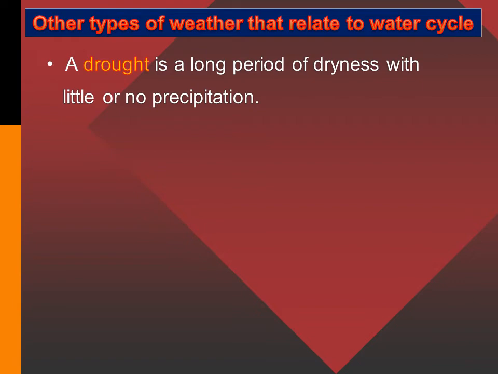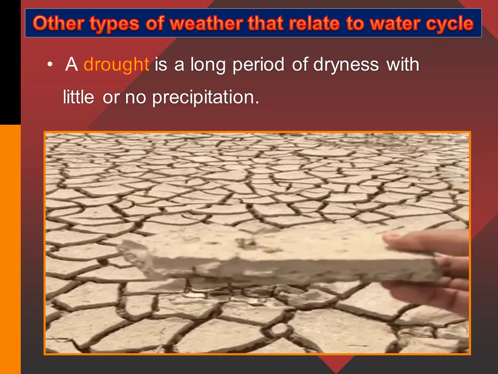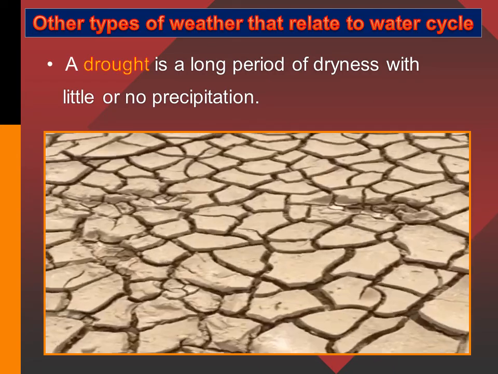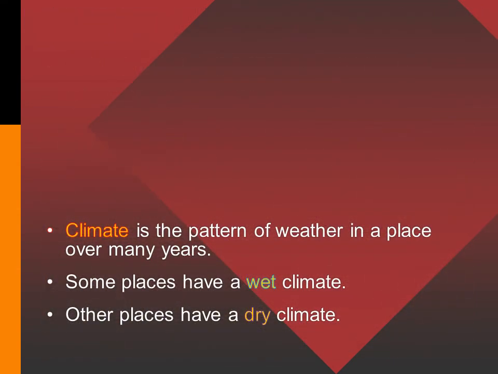If there is no rain or no precipitation, the effect is a drought. See here. Now, climate is the pattern of weather in a place over many years. Some places have a wet climate, other places have a dry climate.